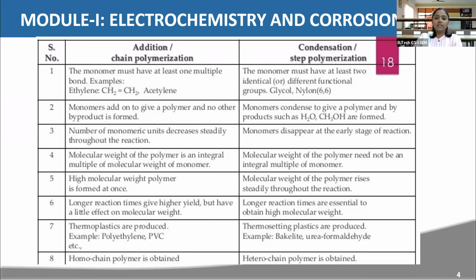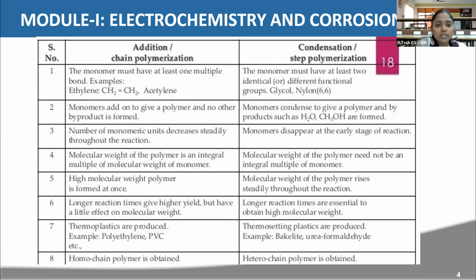In step polymerization, the molecular weight increases step by step, and it doesn't maintain an integral multiple. In chain polymerization, a high molecular weight polymer is formed at once. In step polymerization, the molecular weight of the polymer rises steadily throughout the reaction.